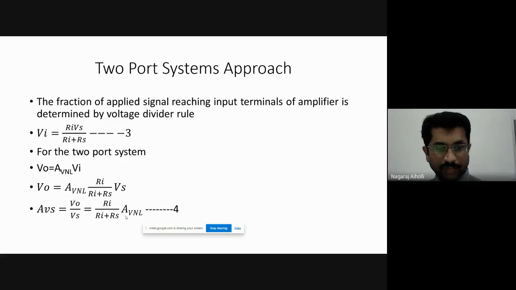Okay, so note down this equation, students. AVS is equal to V naught by Vs, that is equal to Ri divided by Ri plus Rs into AV total, AVT.